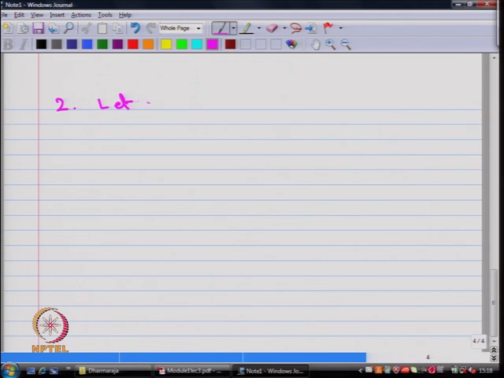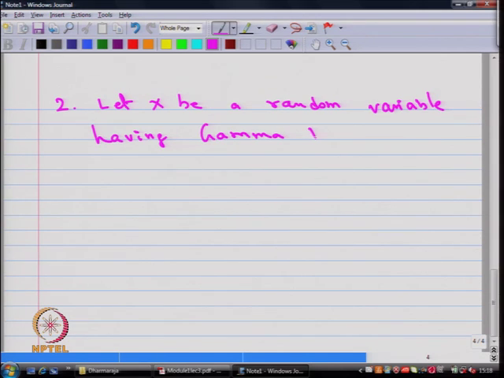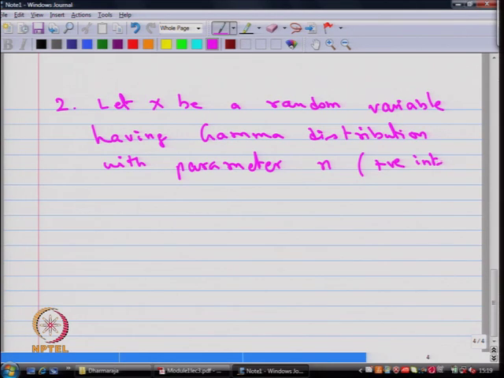Let X be a random variable having gamma distribution with the parameter n. You assume that n is a positive integer and the other parameter is lambda.